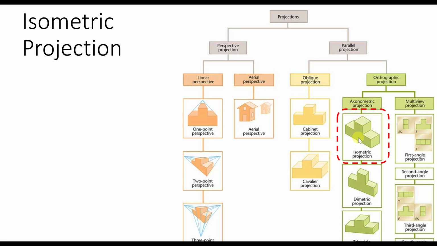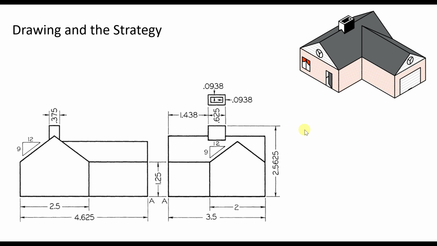So let's say we are given this sketch, front view, side view, and these are the dimensions, just a schematic. You can assume this is 35 feet, and this is 25 feet high, and this is 46 feet is the length. You can assume anything. I'm not sure what the units are.